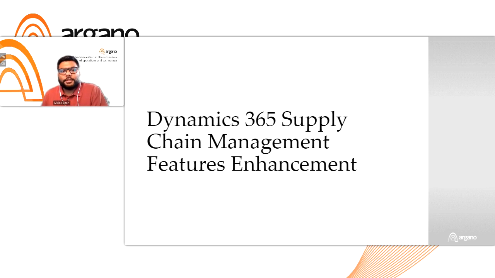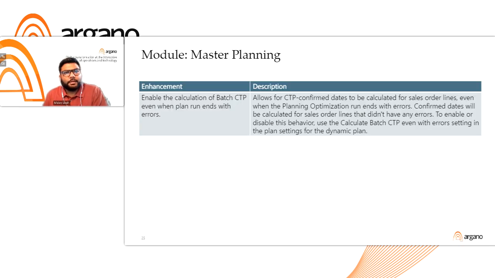So those were the new features. Now we will look at the feature enhancements, which are part of this release. Within master planning, we have an enhancement to enable the calculation of batch CTP even when plan runs end with errors.